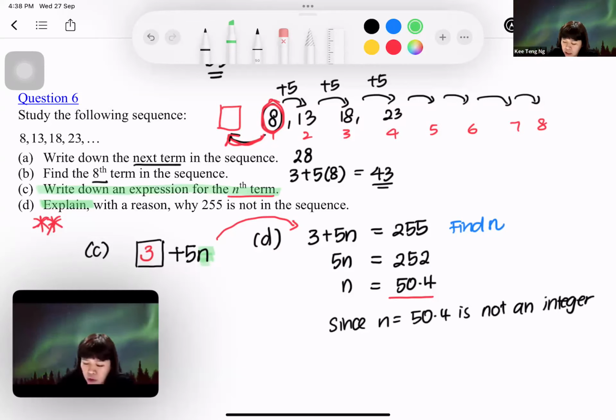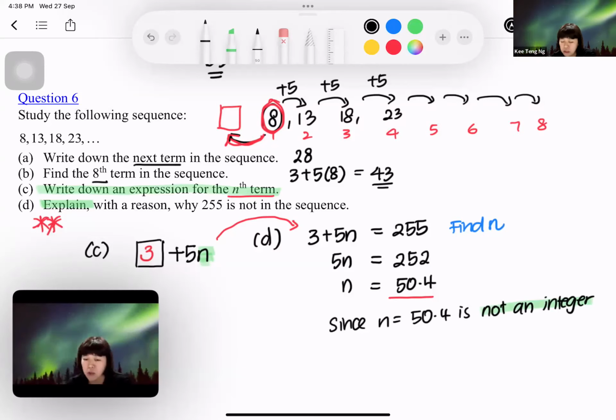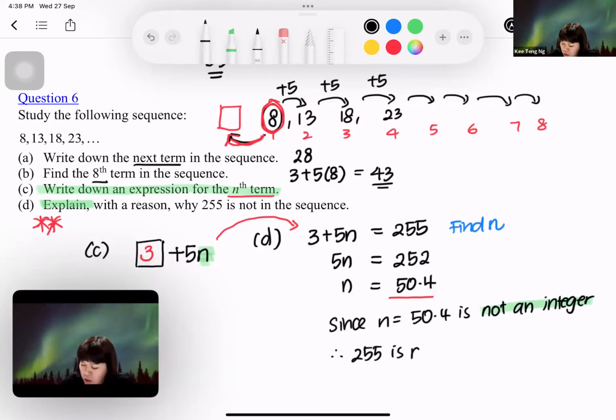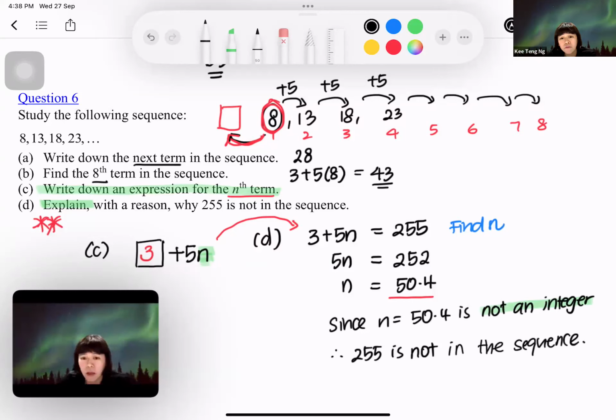Another word for not an integer is not a whole number. So if it's not an integer, therefore 255 is not in the sequence. Okay? If the number is an integer, then it will be in the sequence. Okay, then it will be a term in the sequence.